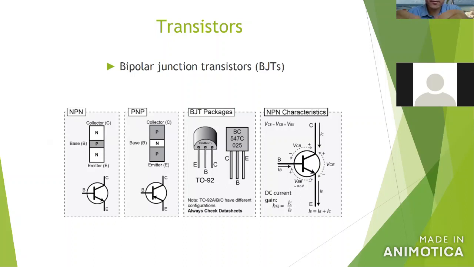For the diode, you see there is a black line here. That black line shows you the polarity of the diode. The current can only flow from this side to the side with the black line. So this is a diode.